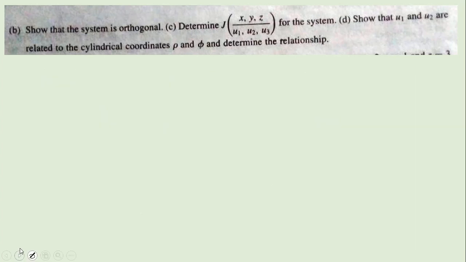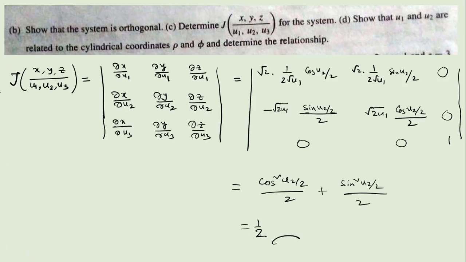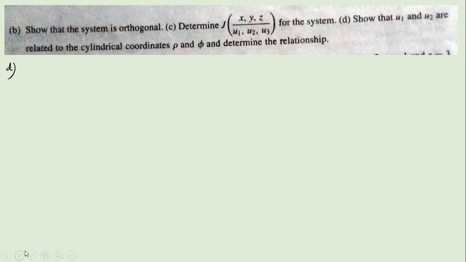This is the Jacobian. Now question number D. D says that u1 and u2 are related to the cylindrical coordinates rho and phi, and find their relationship.